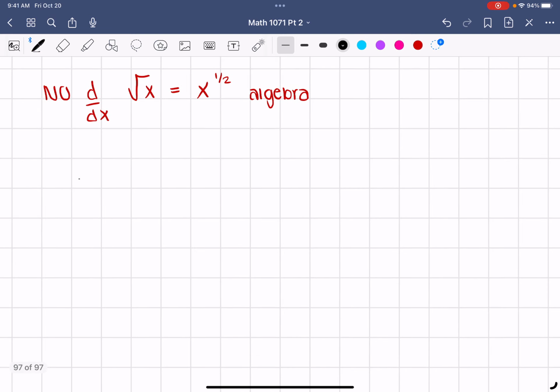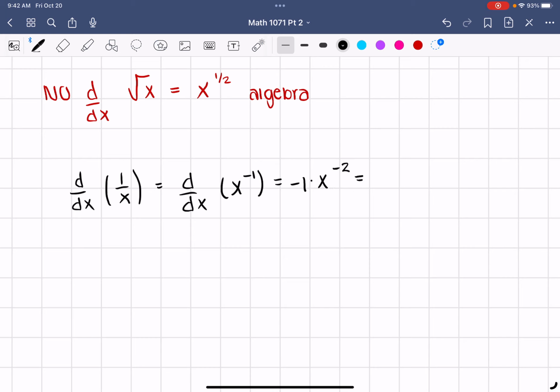The mistake, people thought that doing the algebra was enough. No. You do the algebra in order to apply the power rule. Don't just do the algebra and stop. That's not yet the derivative. Okay?